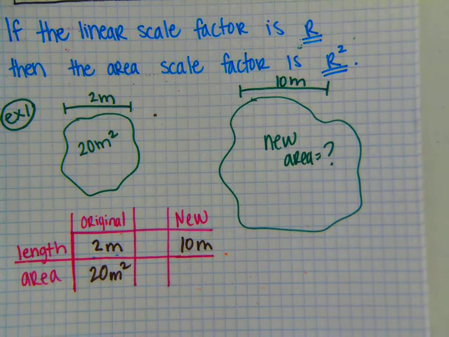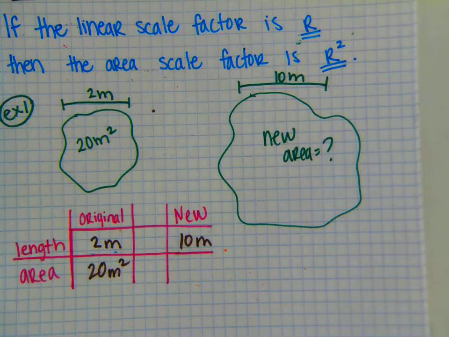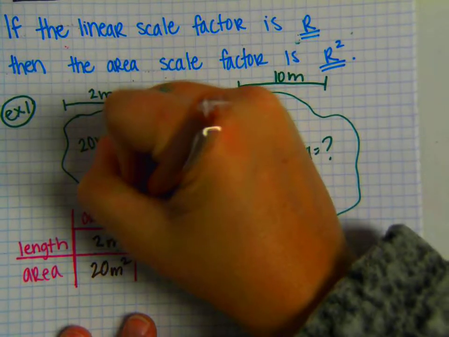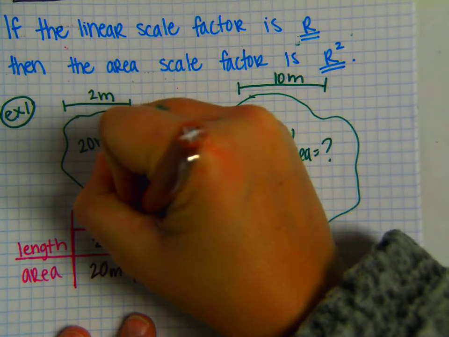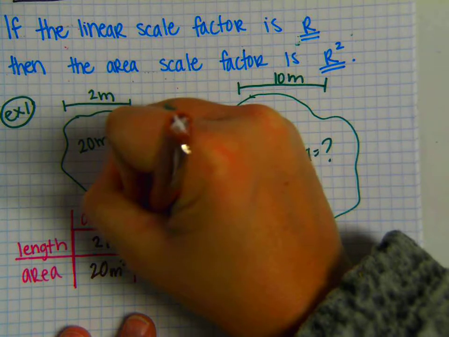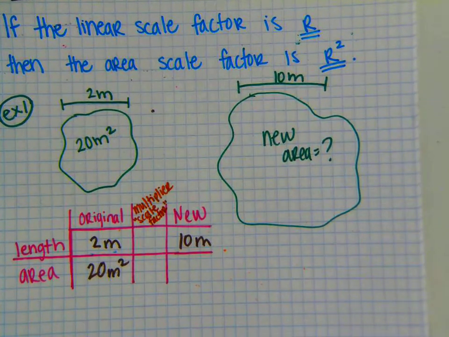Okay. Now what goes in between here, that's going to be the scale factor. That's going to be the multiplier. So I'm going to put multiplier, which can also be called scale factor. And we've worked with that before when we were doing similar figures. Okay, so we want to figure out how to get from 2 to 10.